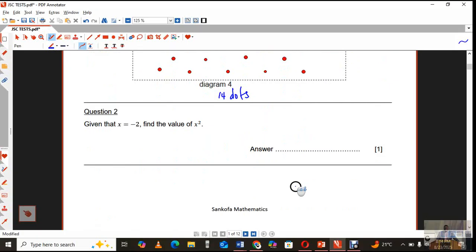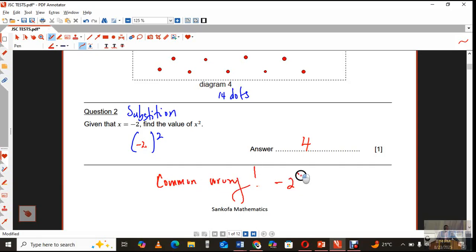That is question 2. With this question, you need to be on the lookout for an obvious mistake. Once you have these substitution problems, you must realize that all of x squared should be squared. So you have to put this in brackets, because a common wrong way of doing this is when you simply do that, and that will obviously be a wrong approach.